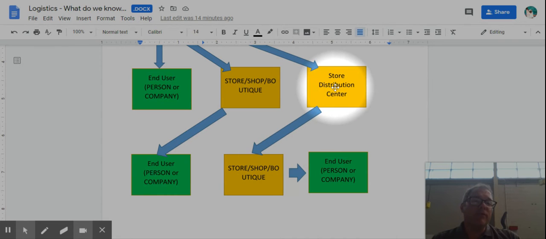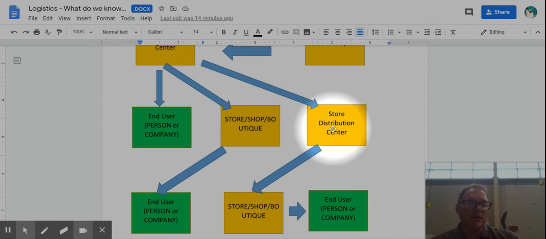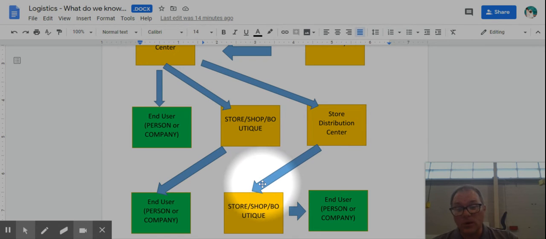However, you go back up the food chain and we see the regional distribution center. All the while, there are individuals making decisions on how much to send in these shipments that go one way to the actual store.